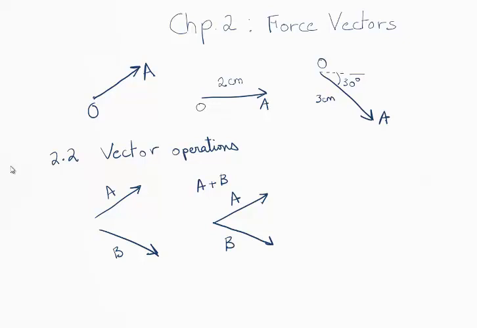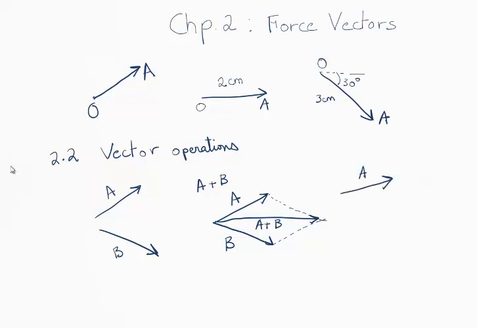And to do the sum, we complete the parallelogram. And then this diagonal is going to be A plus B. Now, there's also another way to do this operation. Again, we have vector A as such.